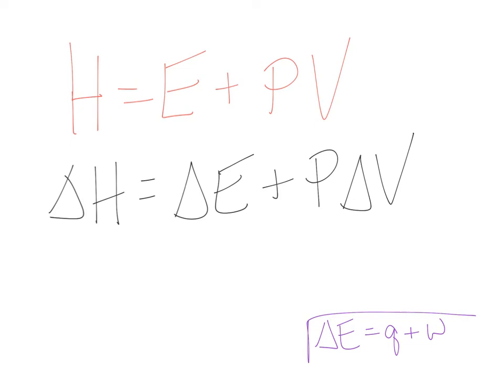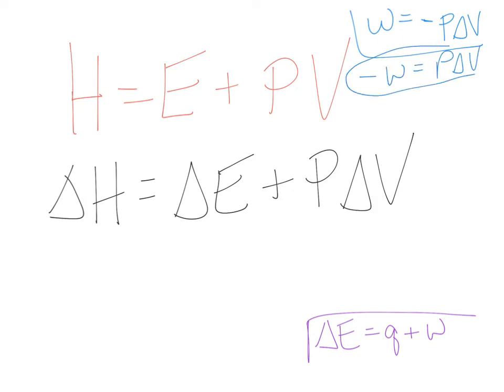We were just talking about pressure and volume, and we said that work on the previous slide was equal to the opposite of pressure times the change in volume. So let's substitute in this. If this is true up here, then that means that the opposite of work is equal to pressure times change in volume. So we're going to substitute in minus w for P delta V here. So then this becomes change in enthalpy equals the change in internal energy minus work.